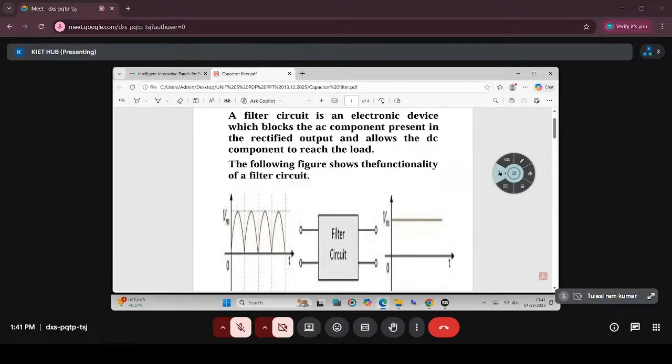The input consists of AC component plus DC component. With the use of a filter, we can remove the AC component and get only pure DC.